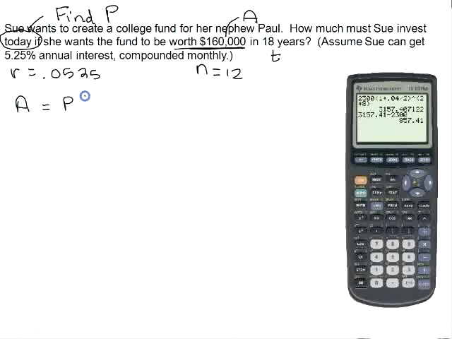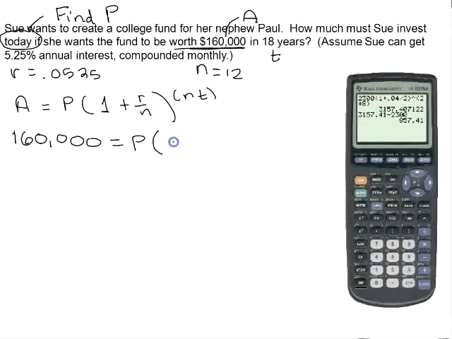So our compound interest formula: A, the amount at the end of the investment, is going to be $160,000, equals P, the thing we're trying to find, what she needs to invest today, times 1 plus 0.0525 divided by 12 because we're compounding monthly, raised to the parentheses 12 times 18 years.